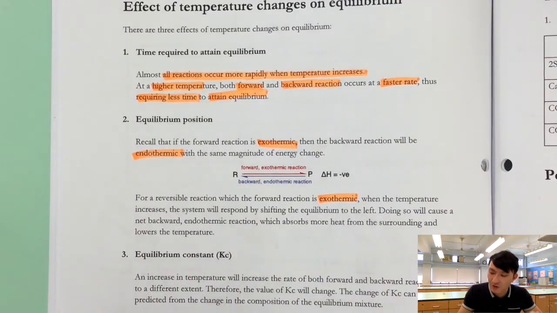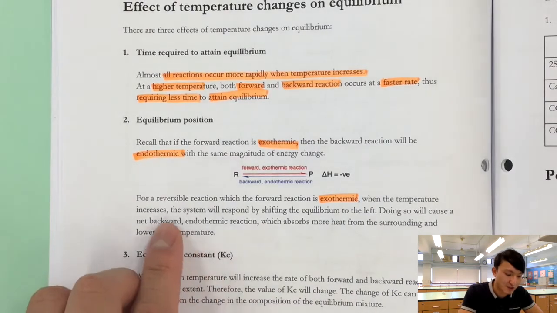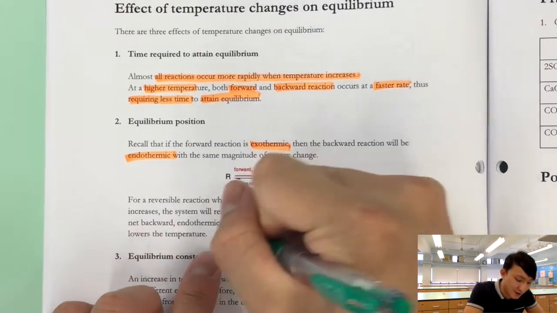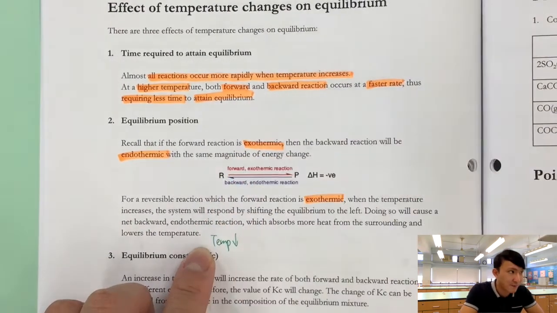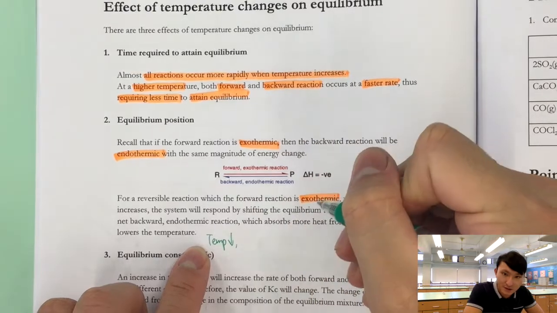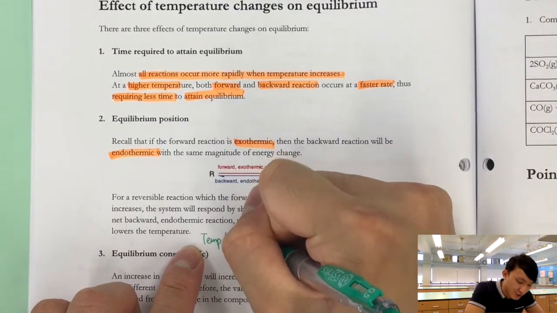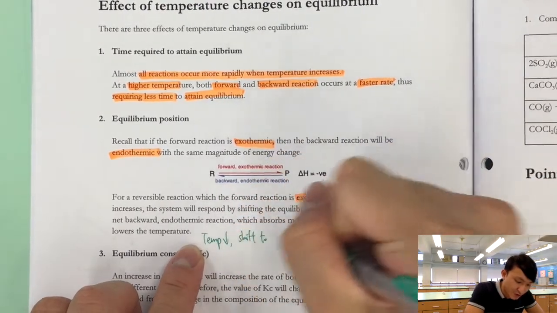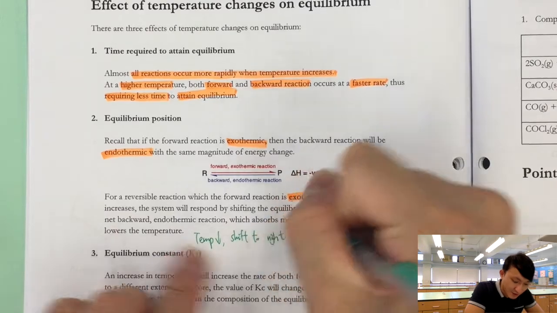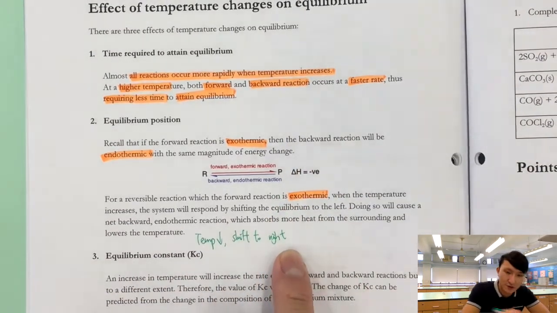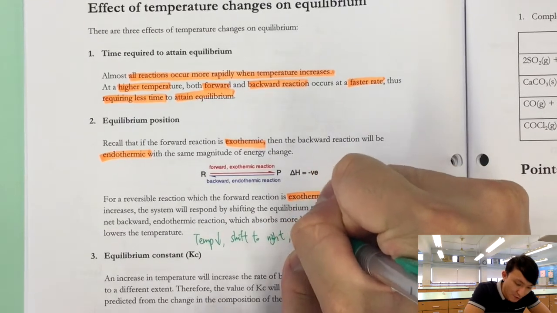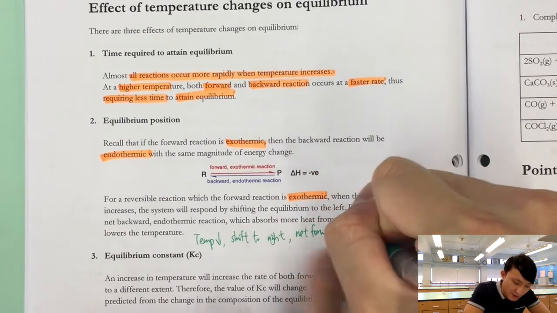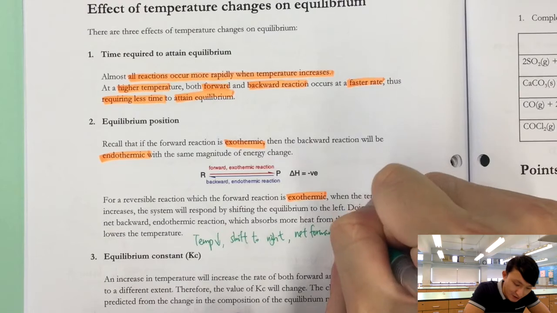You can also jot down the case if the temperature decreases. Okay? So you think about it. When the temperature decreases, then basically you shift to the right. Now shifting to the right-hand side, it will result in a net forward exothermic reaction.